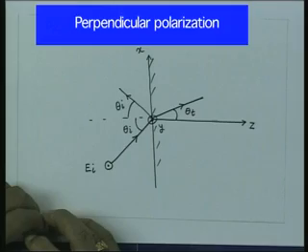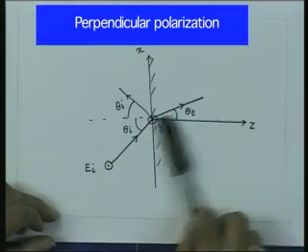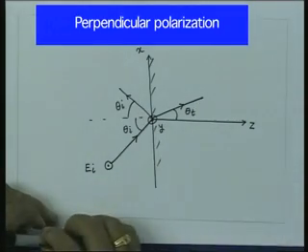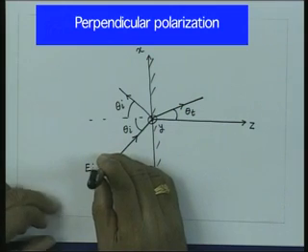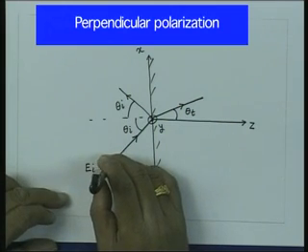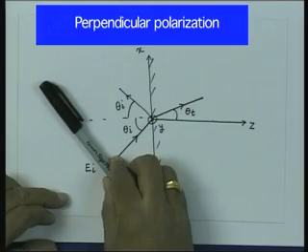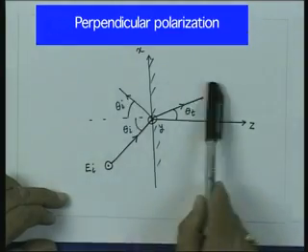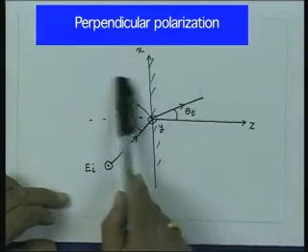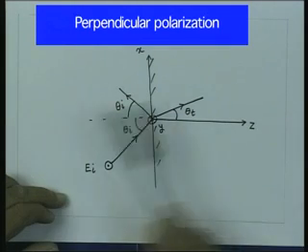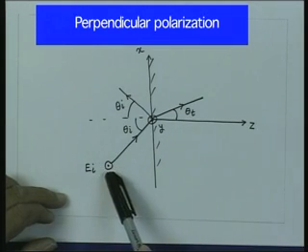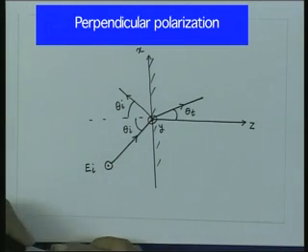If I have a field for the transmitted or reflected wave which is not perpendicularly polarized, if it has some component in the plane of incidence, then the two components lying in the plane of incidence will satisfy the boundary conditions, but will not have any role to play with the incident electric field.